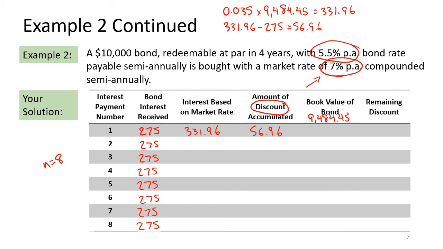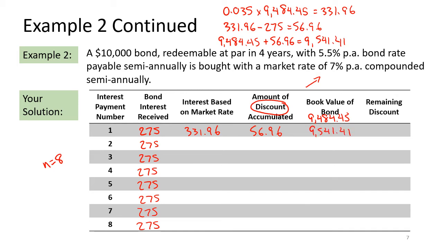So your book value becomes $9,484.45 plus $56.96, and if you add those together, you get $9,541.41.